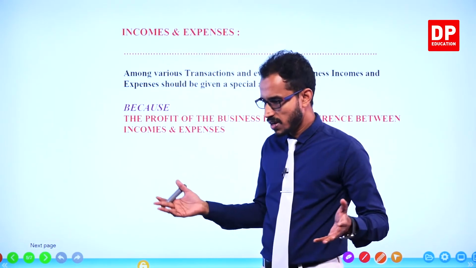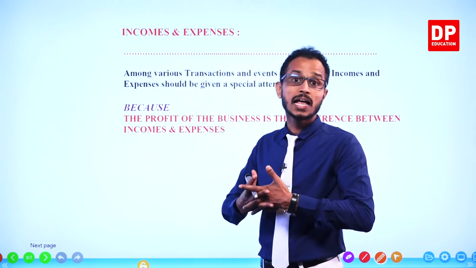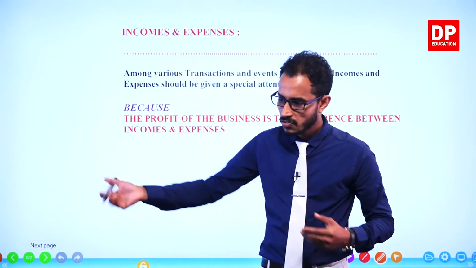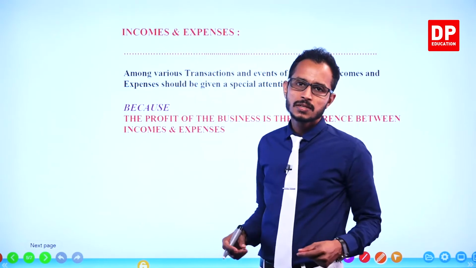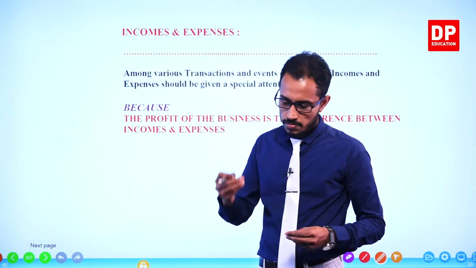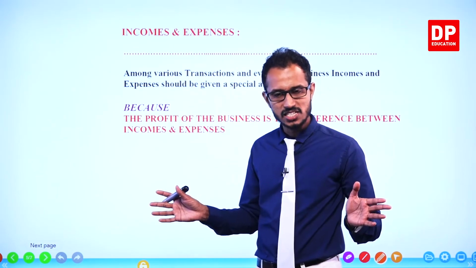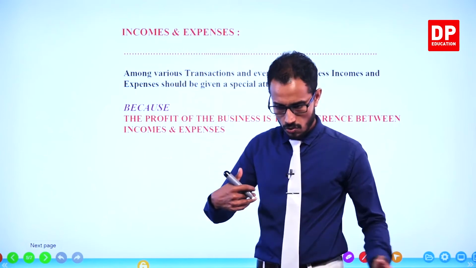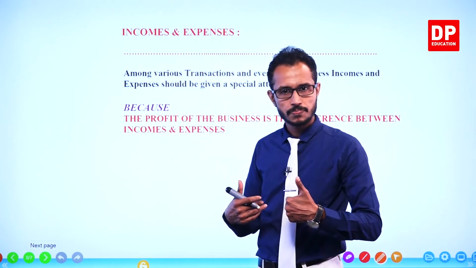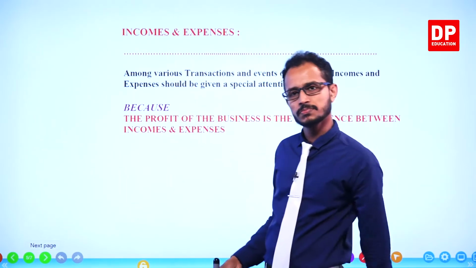The transactions that occur may result in inflows of cash or sometimes outflows of cash. Simply saying, due to transactions that we perform every day, there can be inflows or incomes of cash. Sometimes there can be outflows of cash.